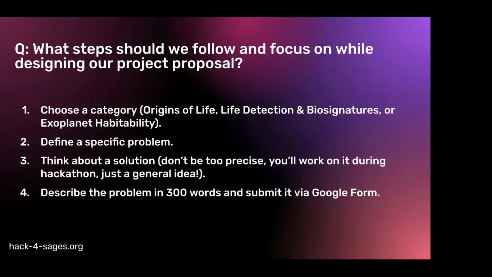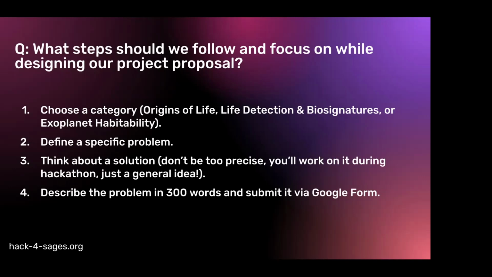And what steps should we follow and focus on while designing our project proposal? That's another question that we received. So again, you need to first choose a category that you want to work in, then define a specific problem. So maybe you are interested in origins of life. So try reading a little bit about origins of life. Try finding some articles that tell you about the current things that are not clear or that are still being researched in origins of life, and try to identify even some simple gaps in the knowledge, something that is yet to be solved.